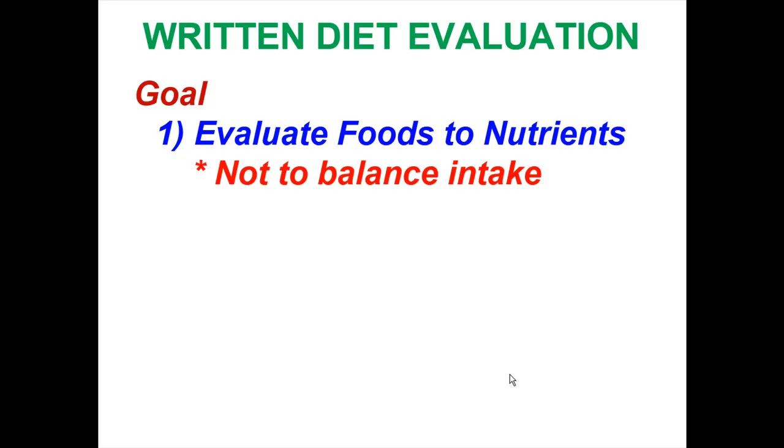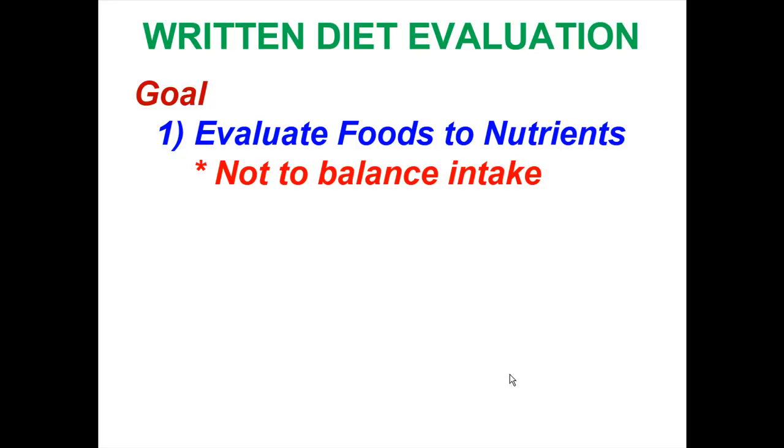For example, if you said, well, I'm low in carbohydrates, so I'm going to add bread to increase my carbohydrates, well, that's going to change every single nutrient that you ate. You'd have to go through and reevaluate your vitamins and your minerals and your protein and everything. So every time you added a new food, you would have to reevaluate the whole food intake, and that would be ridiculous.